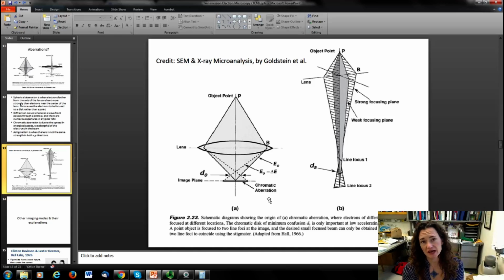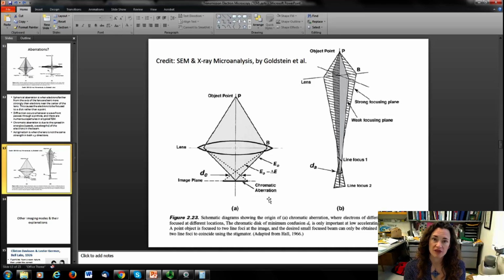Now that's called a chromatic aberration, chromatic for color or wavelength, because the spread in the energies, of course, changes the speed of the electrons, and this change in the speed of the electrons changes the wavelength of the electrons. And of course, the speed of the electrons controls how much they're going to be deflected by those electromagnetic lenses. Remember, F is equal to QV cross B, where V is the speed or the velocity, okay?